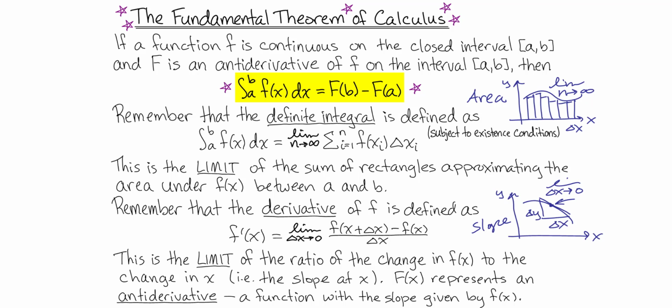These are two different geometric ideas, yet each can be calculated using limits, and it's the fundamental theorem of calculus that connects them together and brings together the concepts of integration and differentiation. This is what makes calculus calculus, and it's all based on limits. Without limits, we wouldn't have derivatives. Without limits, we wouldn't have integrals. And we wouldn't have math and science as we know it today.